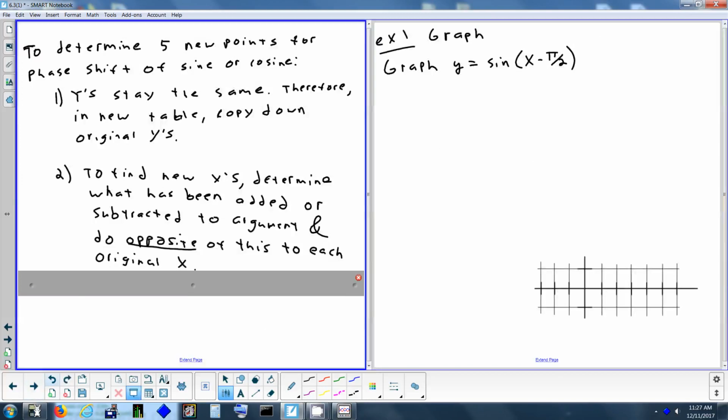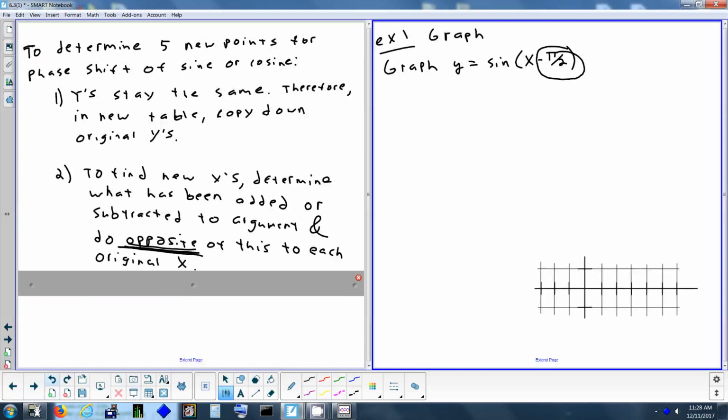Now, because horizontal shifts always do the opposite, you do the opposite. You see a minus pi over 2, you're going to do a plus pi over 2 to every x value. The reason you do a plus is because plus is going to shift it right. And that's exactly what should happen when you have that.